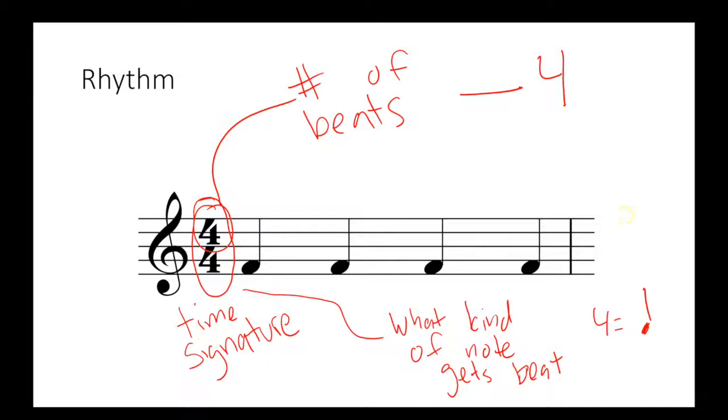If the bottom number were, for example, a 2, that would mean that the half note gets the beat. If the bottom number were a 1, which is very rare, that would be the whole note. So this is why 4 represents quarter, because 1 would represent whole, 2 would represent half. Going even further, 8 would represent an eighth note getting the beat, and so on and so forth.